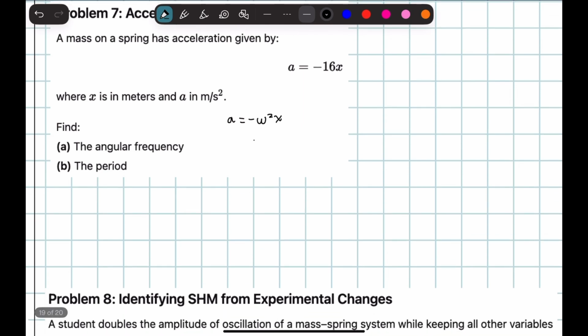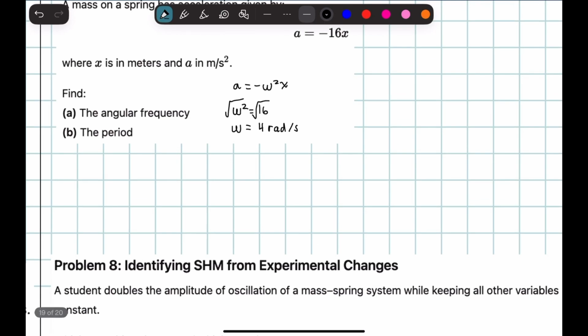So omega squared is going to equal 16, and taking the root of both sides, omega is equal to 4 radians per second. Now, to find the period, T is equal to 2 pi over omega. With omega equal to 4, T will equal pi over 2, which is approximately 1.57 seconds.